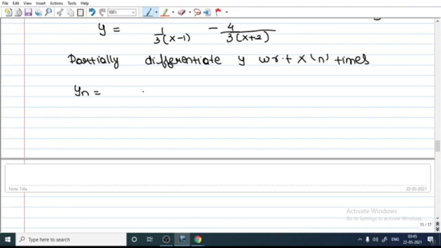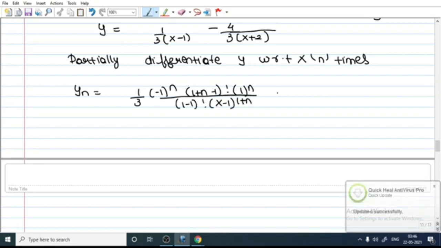y n equals nothing but 1 by 3 into minus 1 power n into 1 plus n minus 1 factorial into 1 power n, the whole upon 1 minus 1 factorial into x minus 1 the whole power 1 plus n. Here we will have minus 4 by 3. Okay, y n, and if you remember there was 1 also, that will become 0.